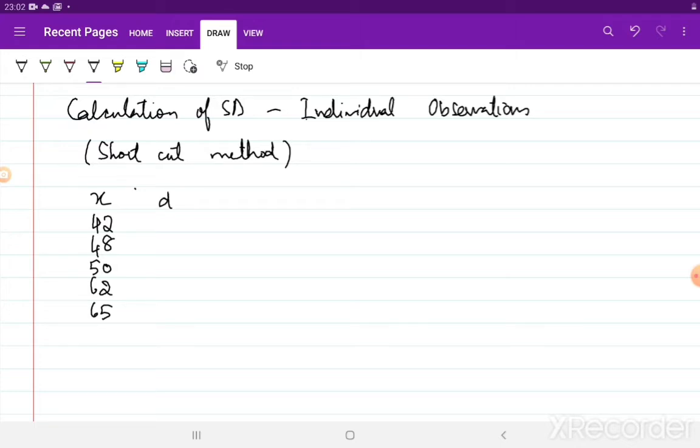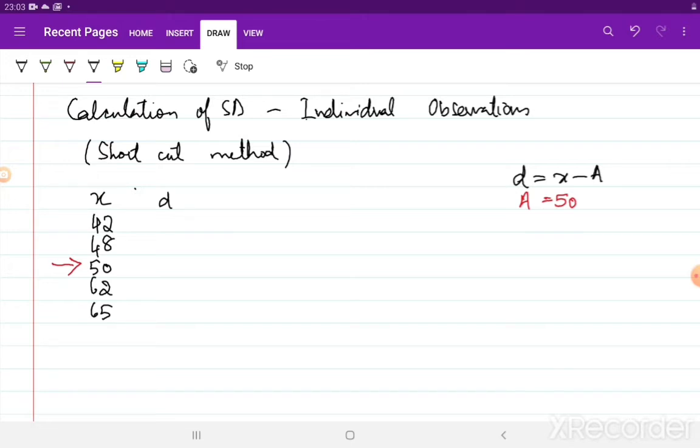So remember, in the shortcut method we define a variable called d, which is x minus a, where a is your assumed mean. Over here, if you notice, the middle observation is 50, and we can always take a to be 50.